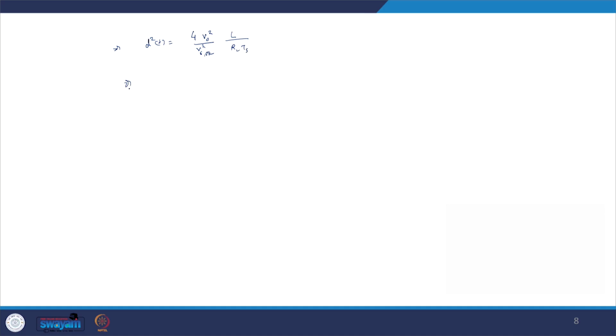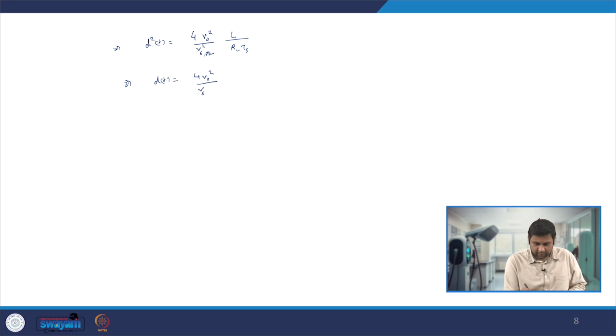That's when we can write d of t is nothing but 2 V naught by Vs peak under root L by RL Ts.